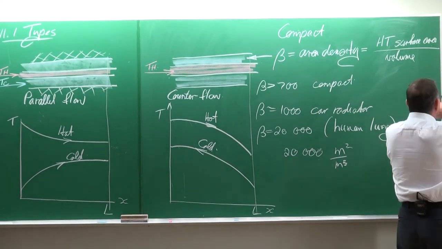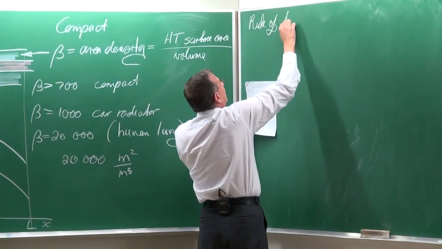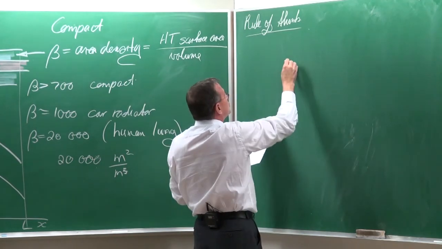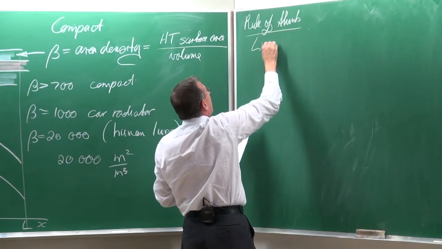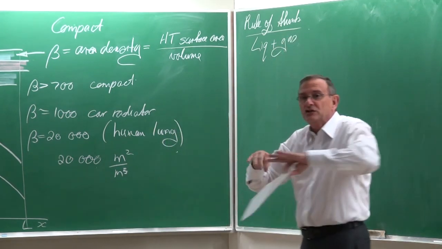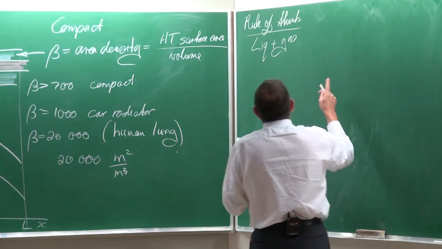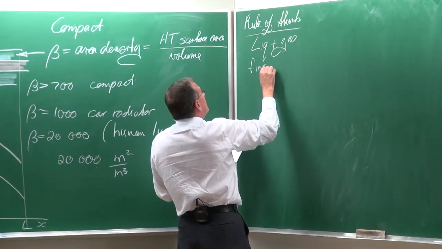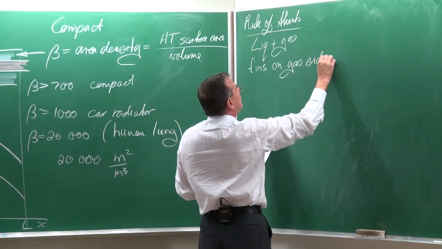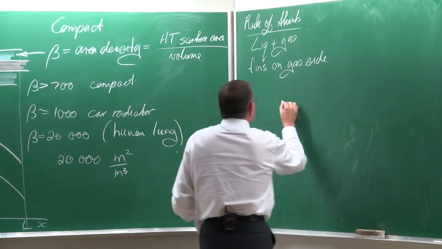Now, let's call it a rule of thumb. Normally, if we've got a liquid and a gas, and we need heat transfer between them, then normally, not always, there will be fins on the gas side. How is that being done?